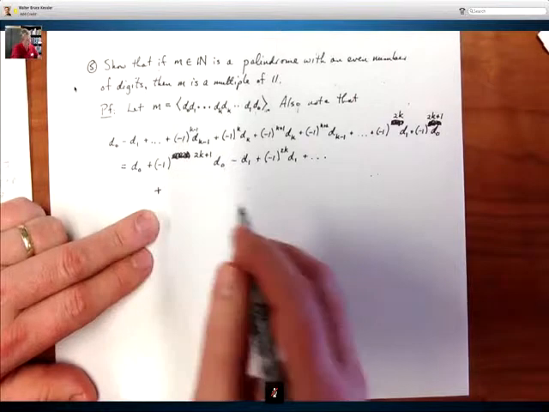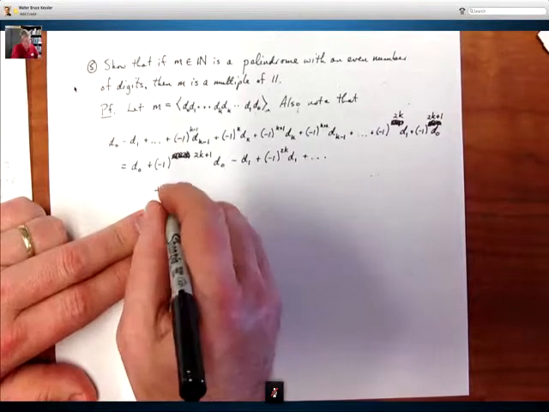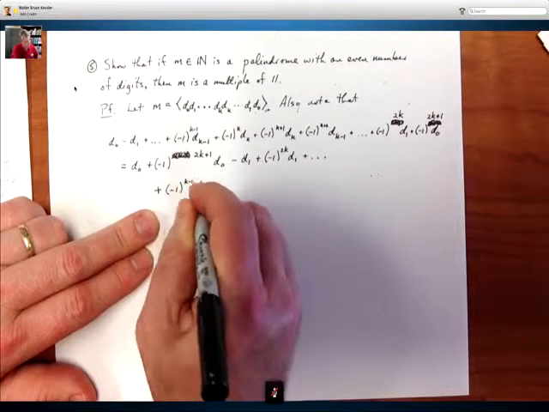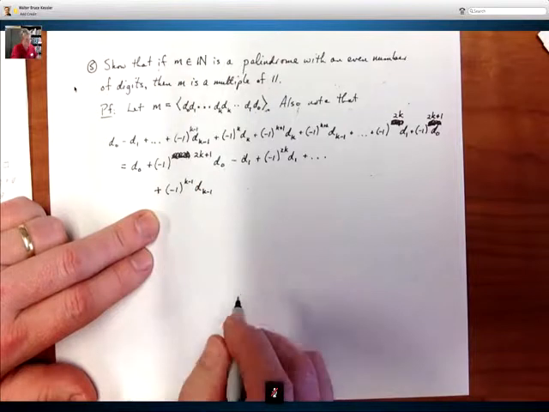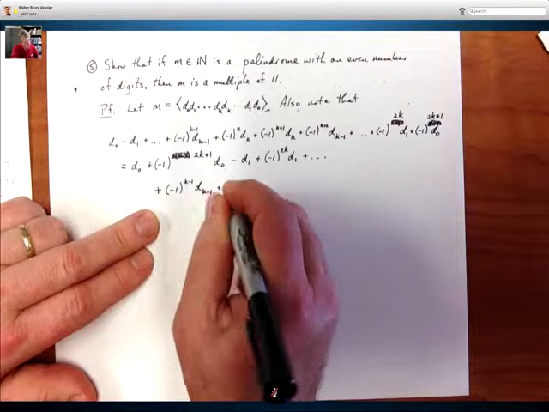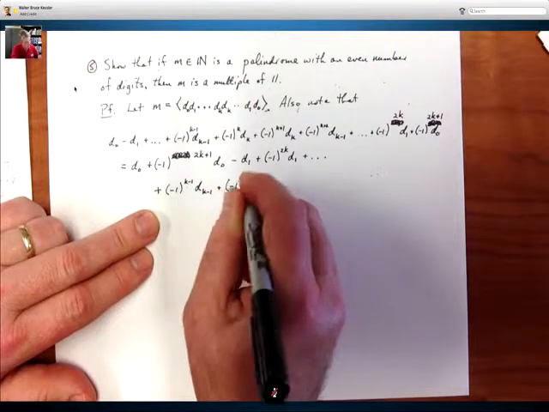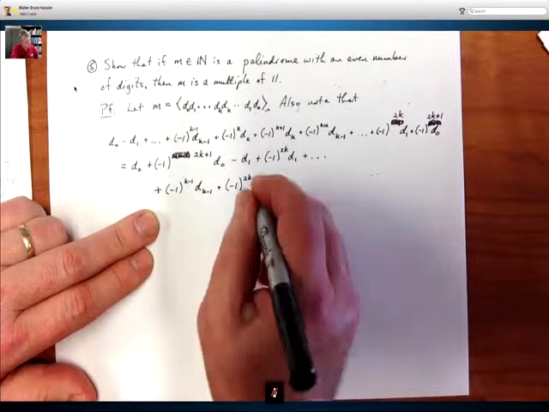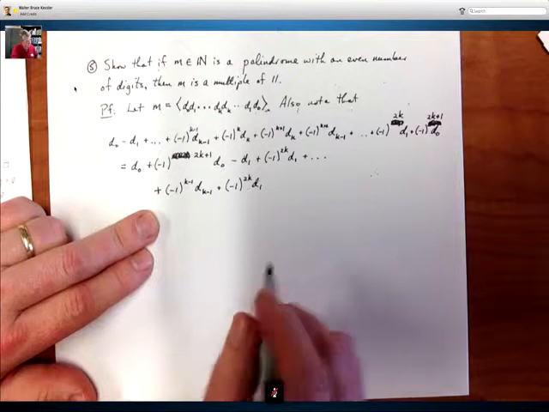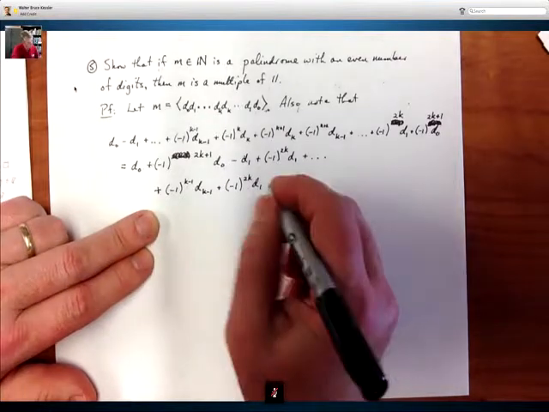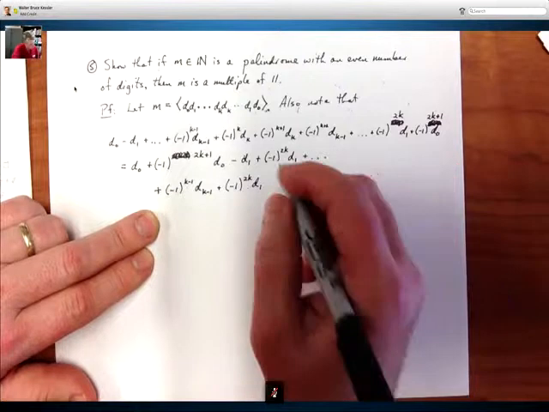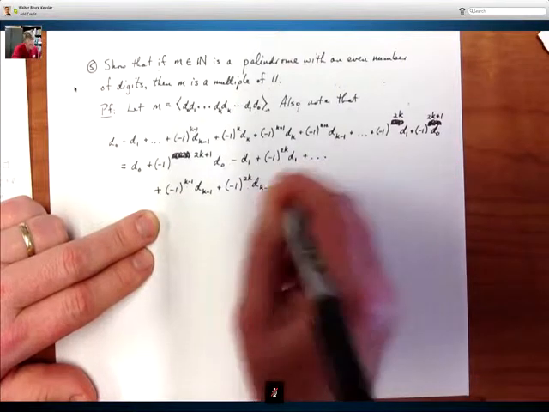Part of my problem was I was squeezing everything in like crazy there. I've got a -1 to the k minus 1 d to the k minus 1, and then out here I've got plus -1 to the 2k d1. Oh wait, I'm looking wrong.